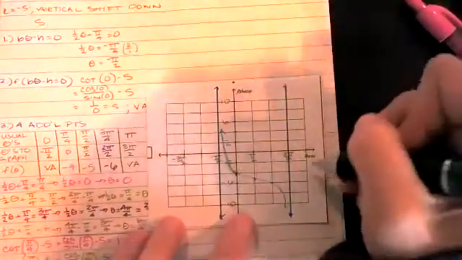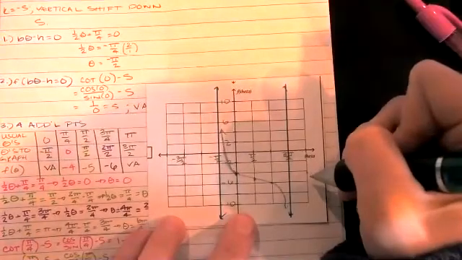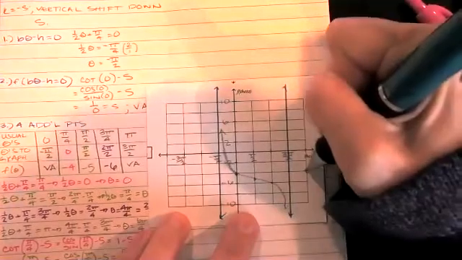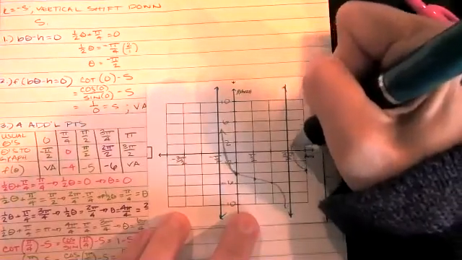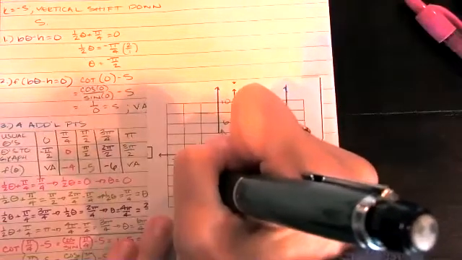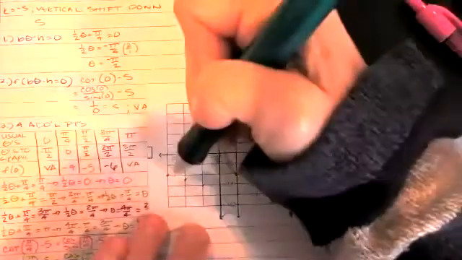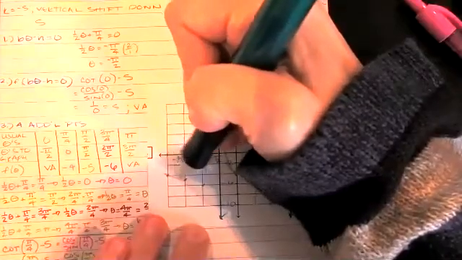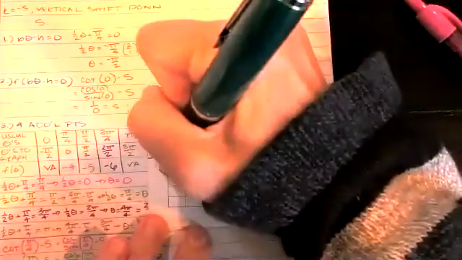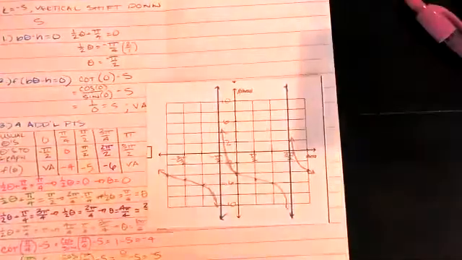Which means we have one here that goes like this, and that continues on that way. And then we also have here and here and here. So we have this piece that's going to go like this, and up like that. So there's our graph.